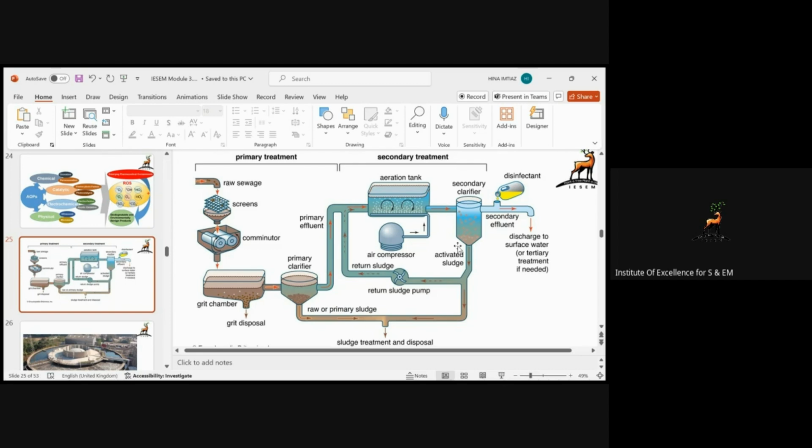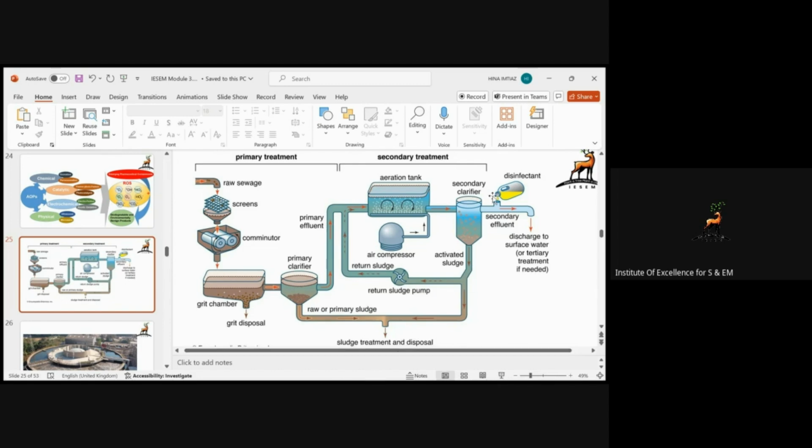That activated sludge can be reused for several purposes. It can also enter into sludge treatment and be disposed of from the bottom. You can see the red arrows showing that it can enter into the sludge treatment. Whether there is a need to treat the sludge further before disposing of it into the environment depends upon the objective. All right.